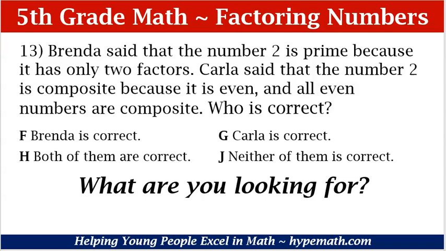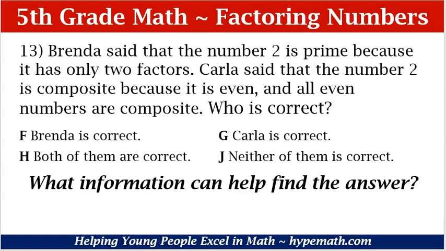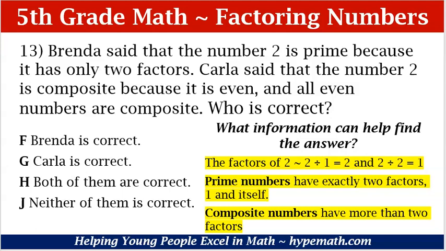In order for us to find our answer, we must ask ourselves what we are looking for. We are looking for the person that is correct about 2 being a prime number, or it's not a prime number. What information can help find the answer? The information that can help to find the answer is finding the factors of 2.